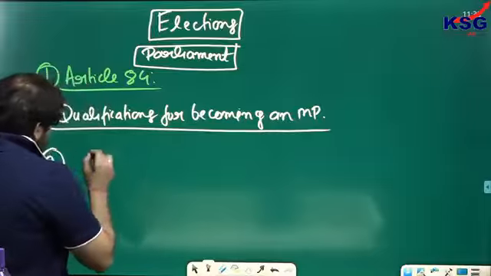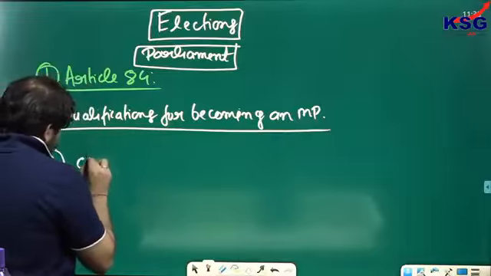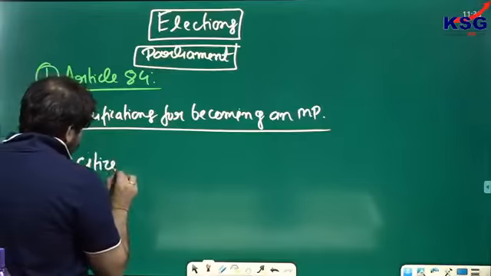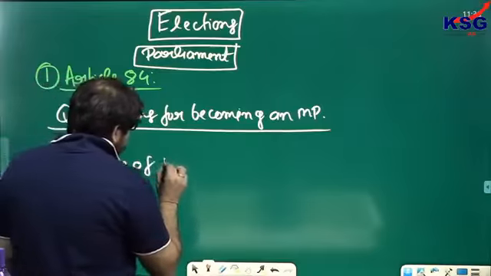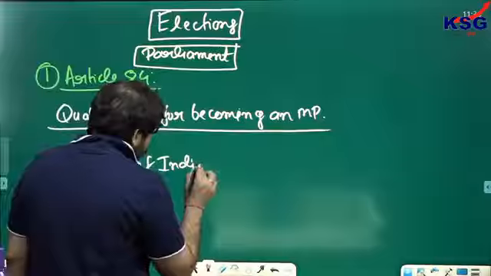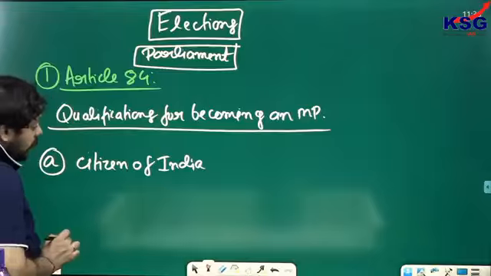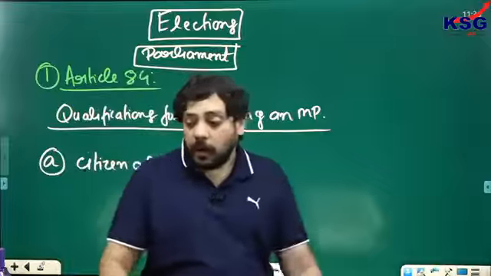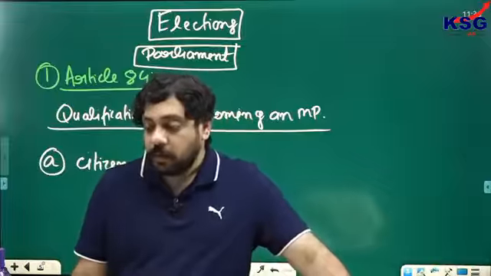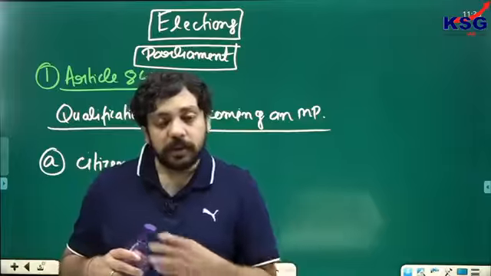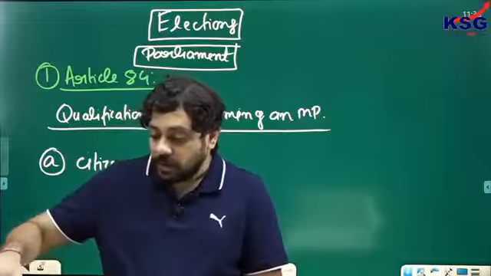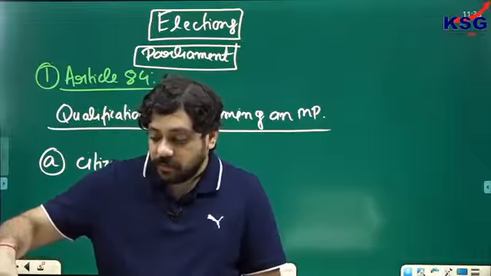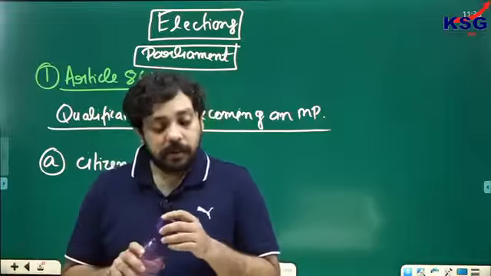One is that the person must be a citizen of India. Whoever is trying to be a member of parliament from the Lok Sabha or the Rajya Sabha has to necessarily be a citizen of India. Right? That's the first part.